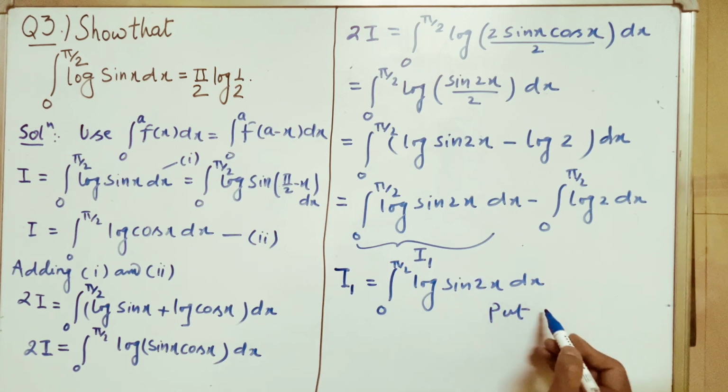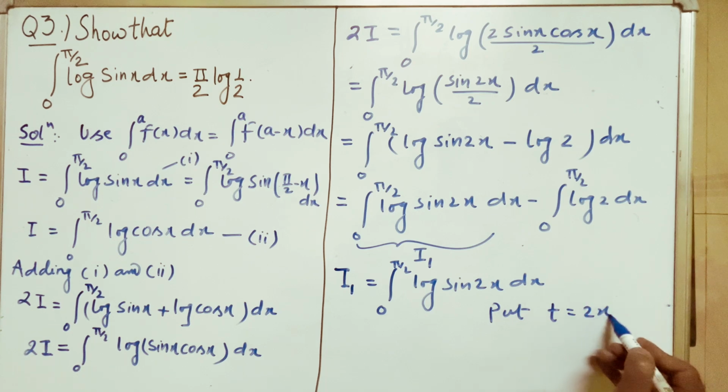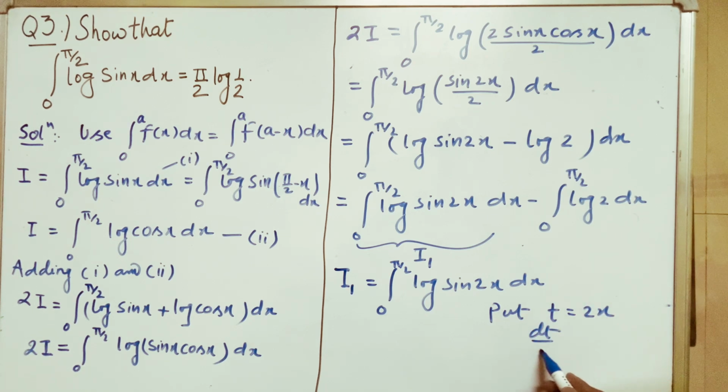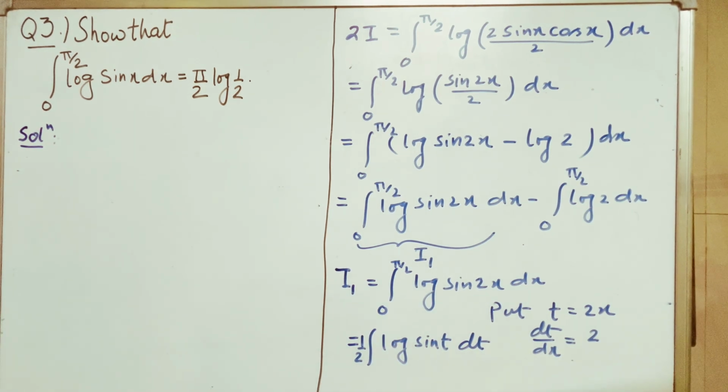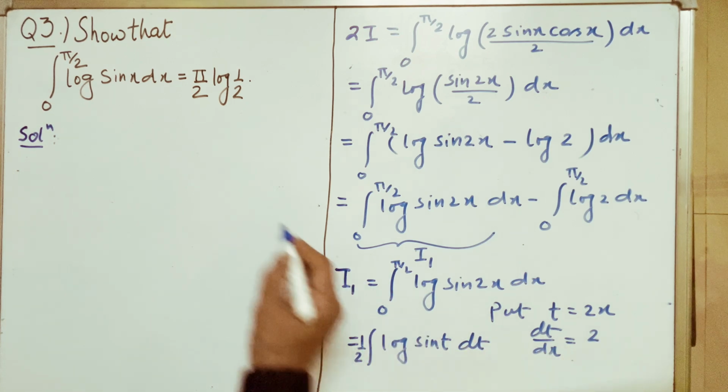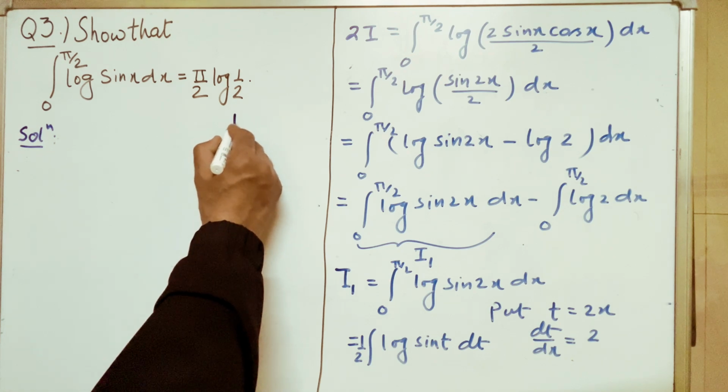Let this 2x be t. So dt over dx is 2. So from here, our integral will become log sine t, and in place of dx, we will have dt by 2. At this step, when we change the variable from 2x to t, we need to change the limits as well.